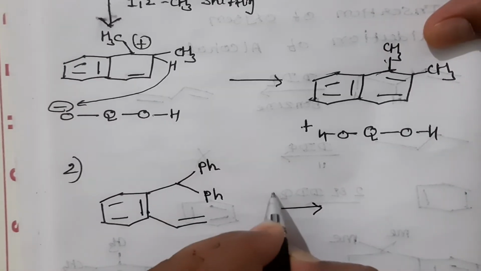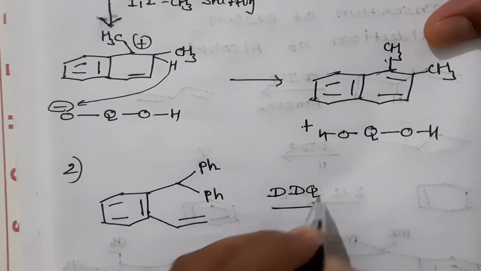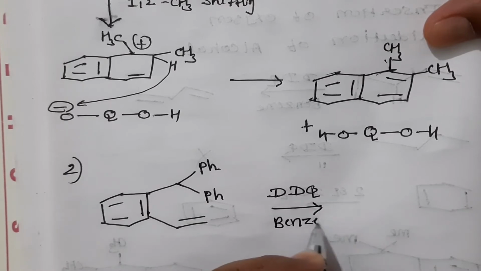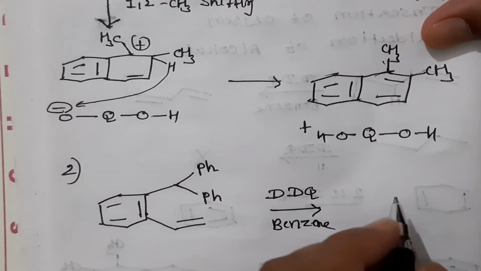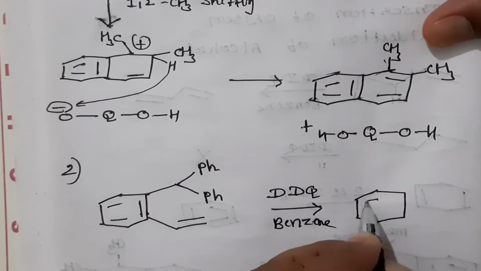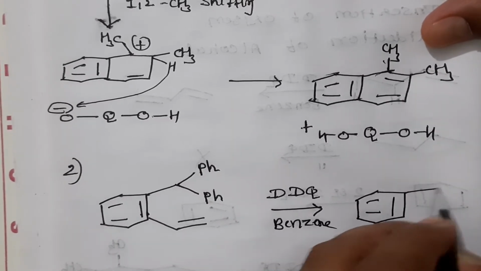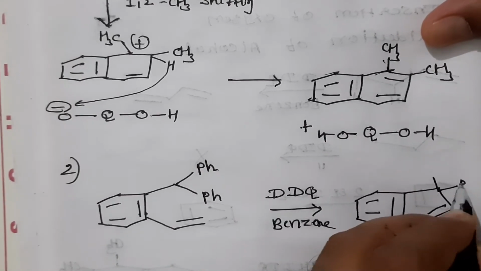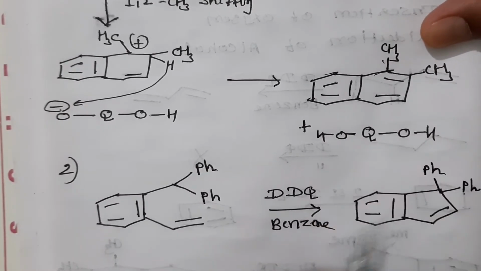With the help of DDQ, benzene as a solvent, what happens? Cyclization occurs and we get this type of product. Here two phenyl groups, Ph means phenyl group.